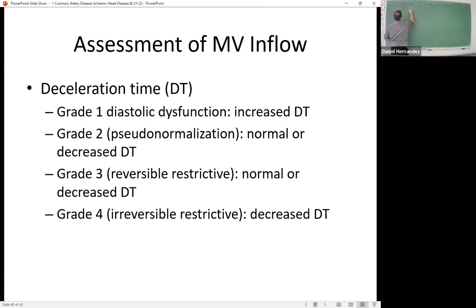So I'm just going to break down diastolic dysfunction. Stage 1 is also referred to as impaired relaxation.